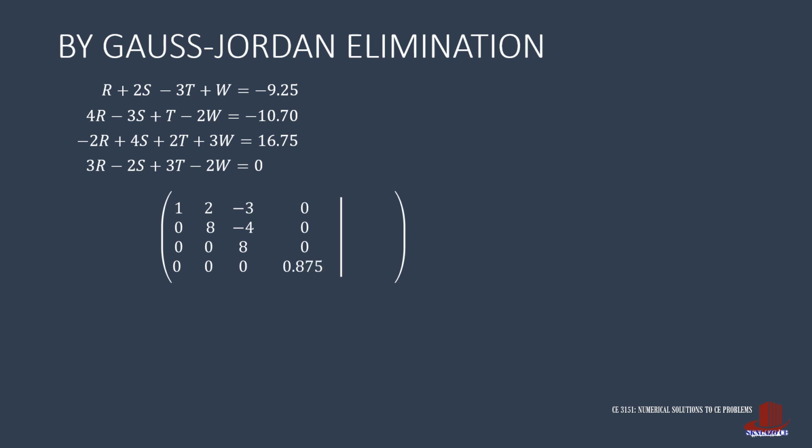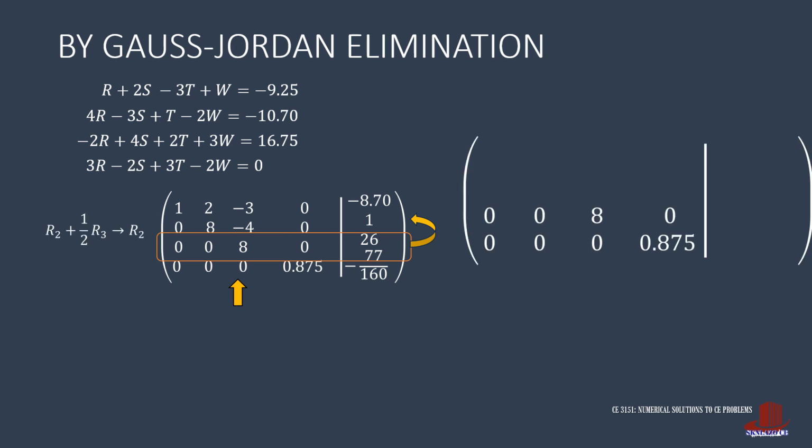With the elements in column 3 zeroed out, except 3, 3, move on to zero out the others in column 2. This time, using row 3 as the pivot row. The operation is row 2 plus half of row 3 for the new row 2. The first element is then 0 plus half of 0 as 0.